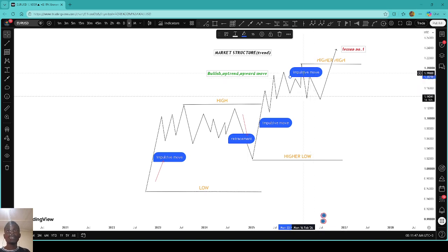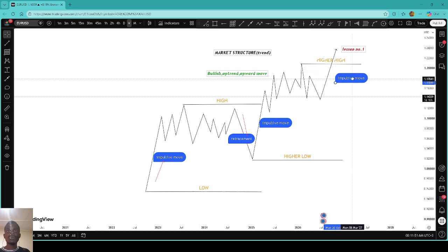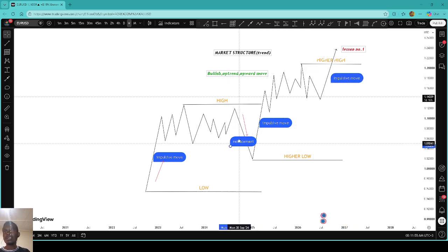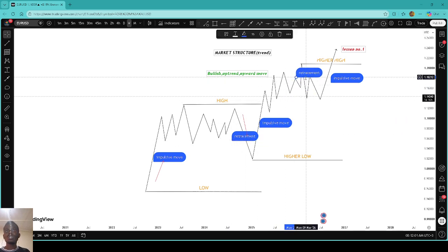Sorry, the impulsive move will be here, and the retracement will be here. So as you can see, the market is moving up, but we now have a retracement, then an impulsive move, then a retracement, then another impulsive move.